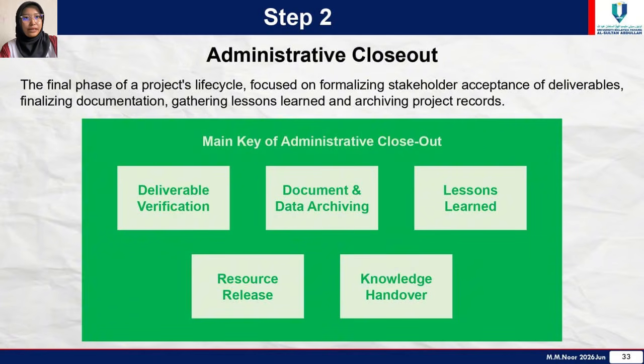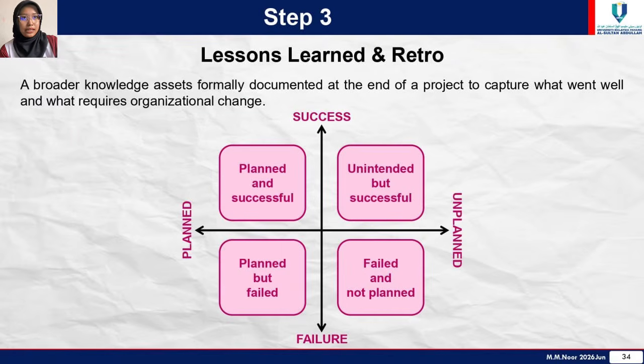Step 2, administrative closeout. The main keys of administrative closeout are deliverable verification, document and data archiving, lessons learned, resource release, and knowledge handover. Step 3, lessons learned and retro. There are 4 main categories: first is success, failure, unplanned, and planned.